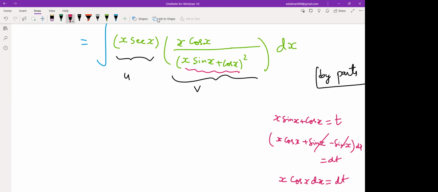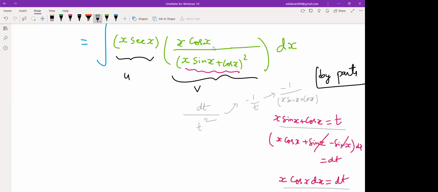So what is happening here is that when you come across the integration of this, it will behave as dt in the numerator and t square in the denominator, because this is t and this is dt. So what will be its integration? Minus 1 by t. So its integration will be minus 1 by x sin x plus cos x.